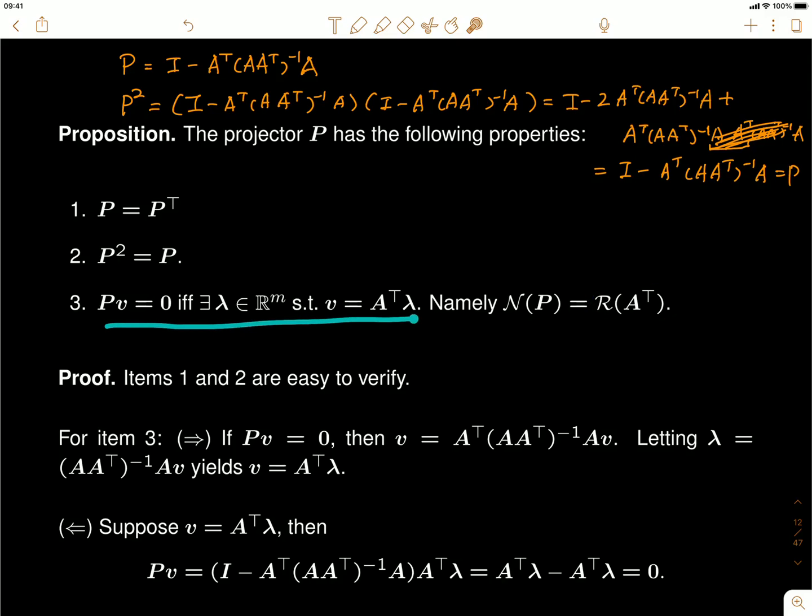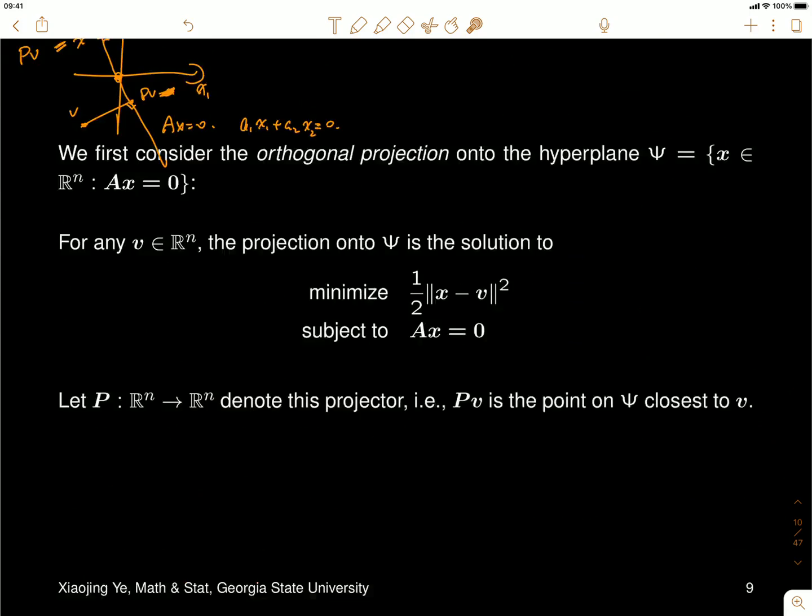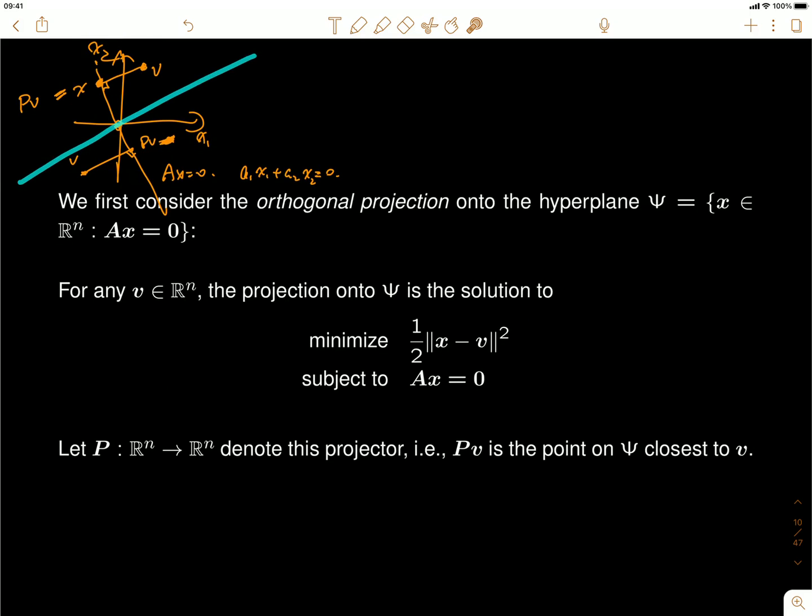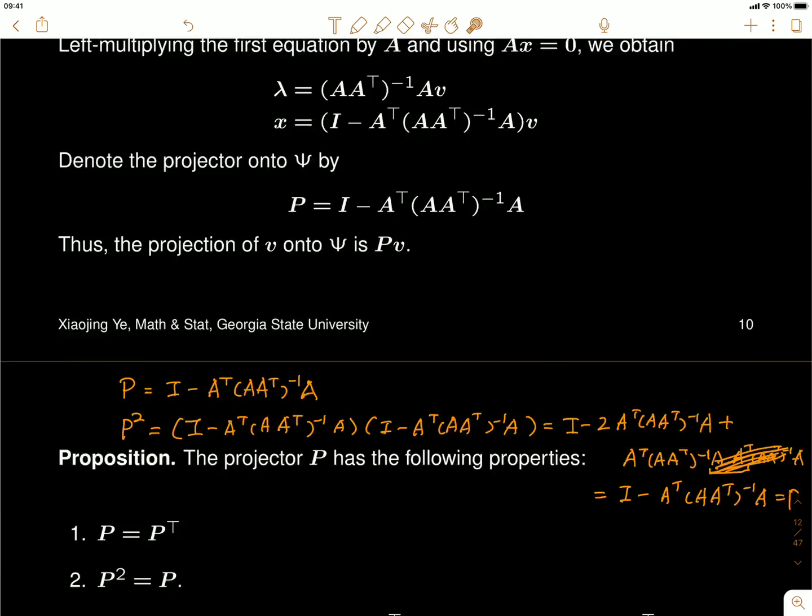So this statement just means that V is in the null space of P if and only if it is in here. So what that means is by projecting V, you get 0. It just means that V is along this line. Okay, because in this case, when you project V to the plane, you just get 0. And this line is actually the row space of A, the column space of A transpose.